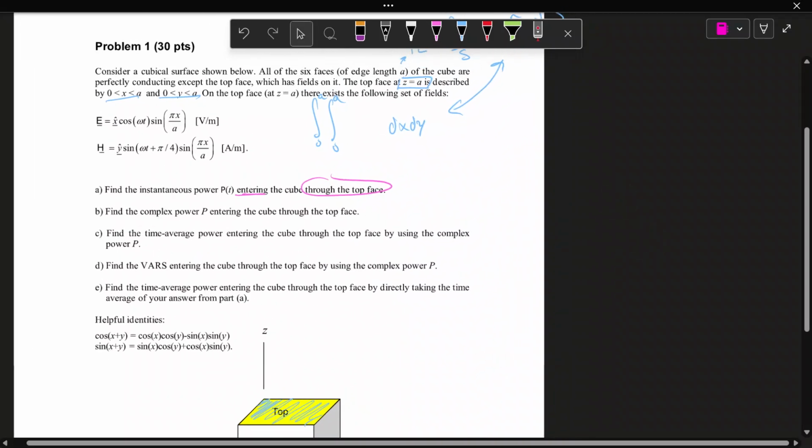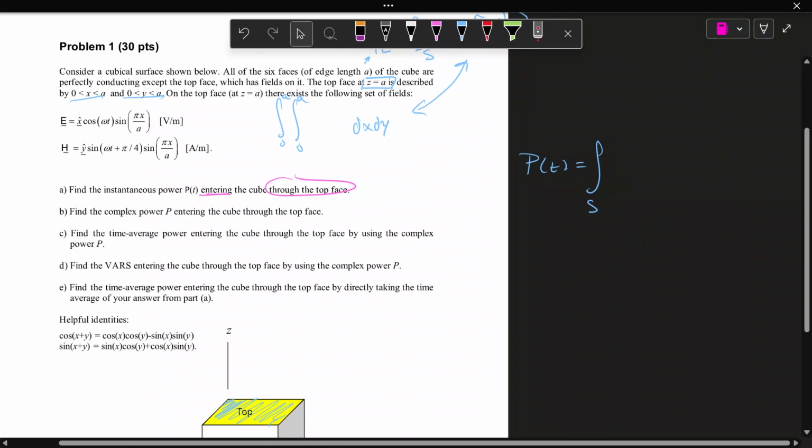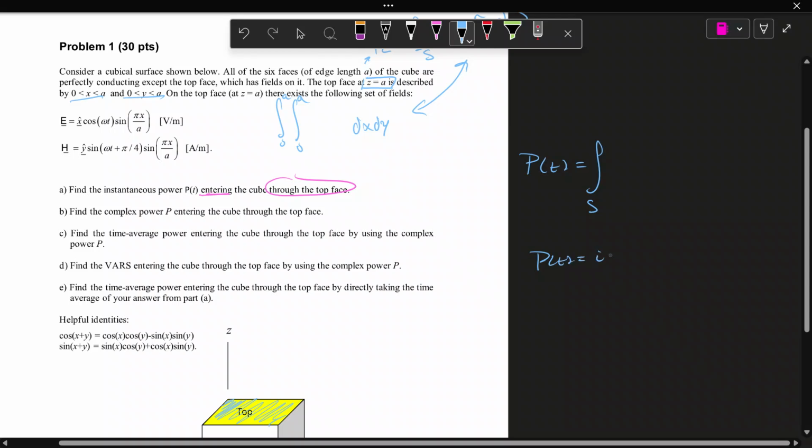Okay, well, instantaneous power, let's figure it out. What is the equation for instantaneous power? Well, this is going to be the integral over the surface. Remember, just like complex power, we're taking a surface integral. For instantaneous power, in circuits, P of t is usually equal to I times V, and of course this is in watts.